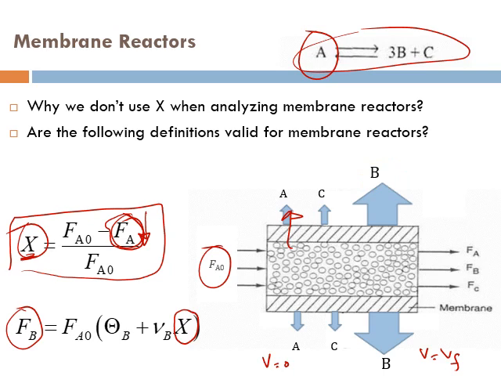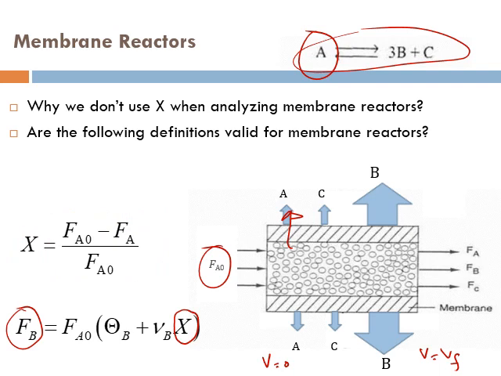Right. I have one last question before we finish this lecture. What if A and C are not diffusing out? So they are not diffusing out. Now A is decreasing only because A is being converted, right? So this definition is correct, so X is correct. Can I use it here to calculate FB?